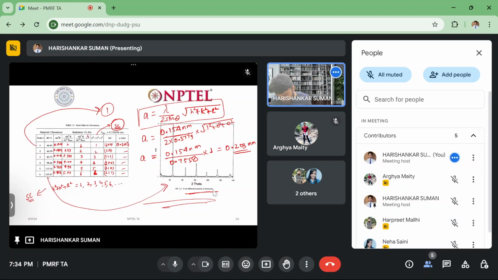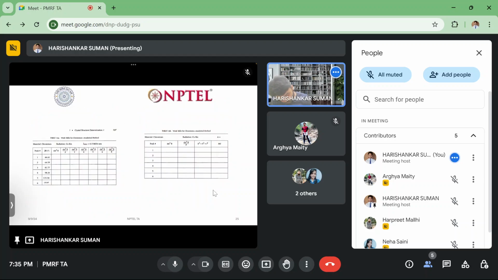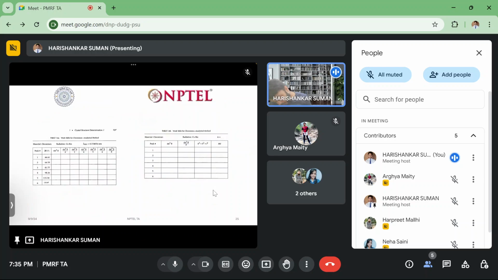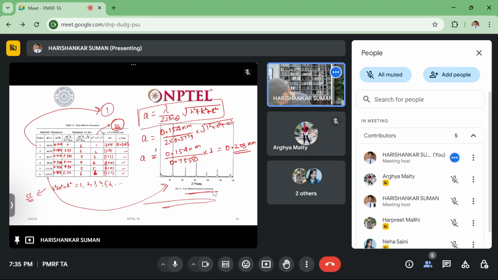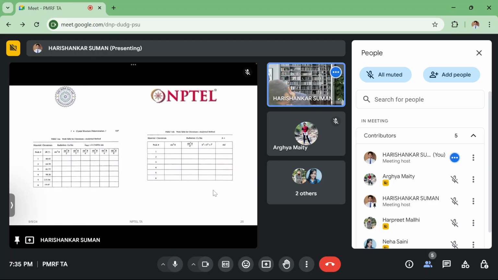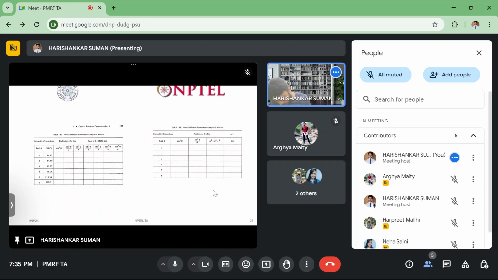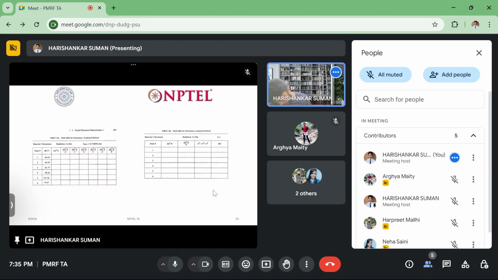Second question. This is similar to the previous question, but this is a different method. First you calculate sin square theta. We have already calculated. And then divide by 2, 3, 4, 5. Then choose the least value.